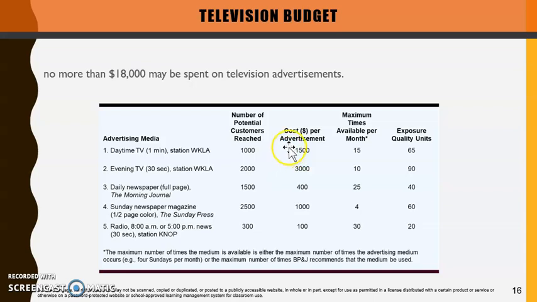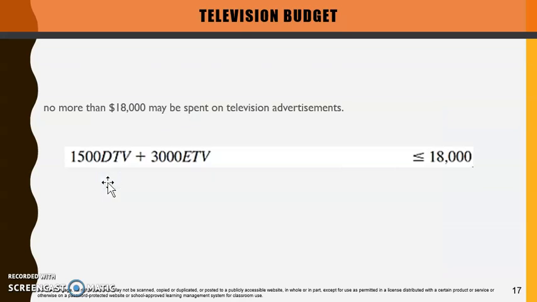So 1500 times DTV plus 3000 times ETV, that is the spending on the television advertisement. Do we have any television advertisement media here? No, it is newspaper, it is radio, so we have only these two. So 1500 DTV plus 3000 ETV should be equal or smaller than 18,000, as you can see in this part of the video.